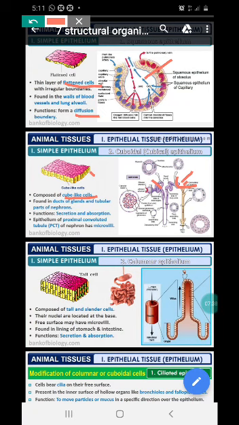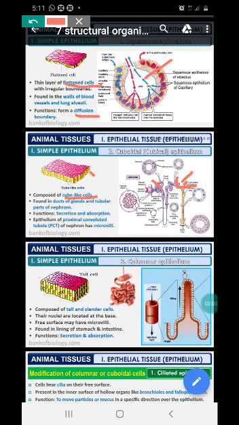So wherever secretion and absorption happen, there you can see this cuboidal type of epithelium present. So where are they found? They are found in the ducts of glands, different other glands, and also the tubular part of nephrons.